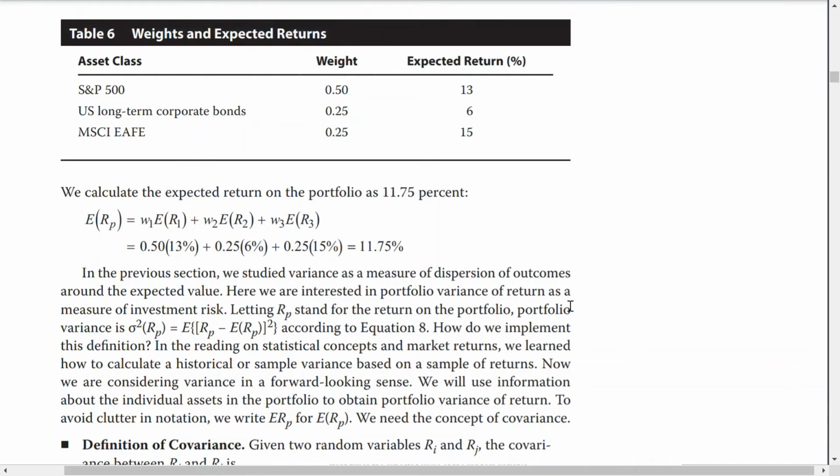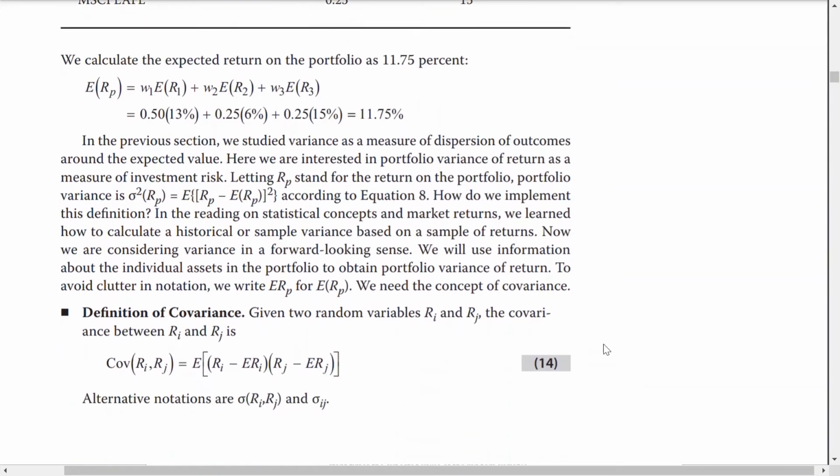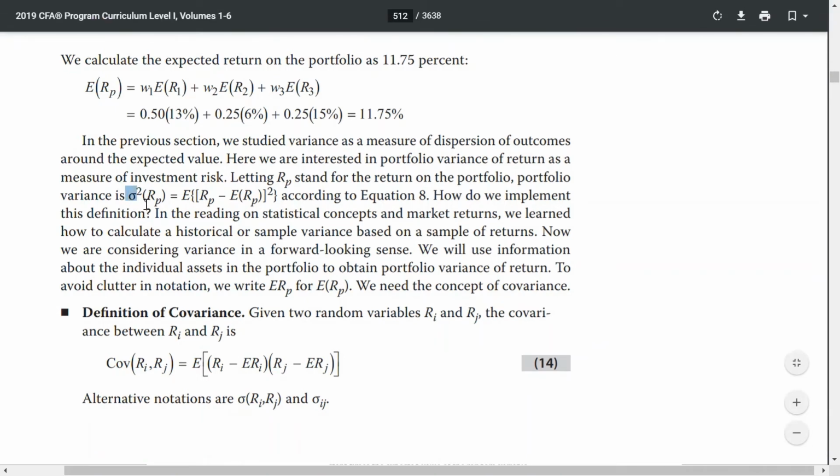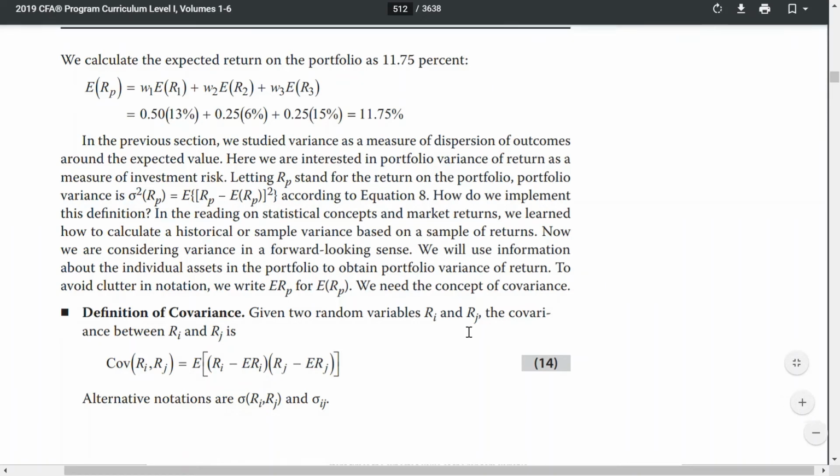In the previous section, we studied variance as a measure of dispersion of outcomes around the expected value. Here, we are interested in portfolio variance of returns as a measure of investment risk. Letting Rp stand for the return on the portfolio, variance, or standard deviation squared, of Rp equals this. According to equation 8, how do we implement this definition?